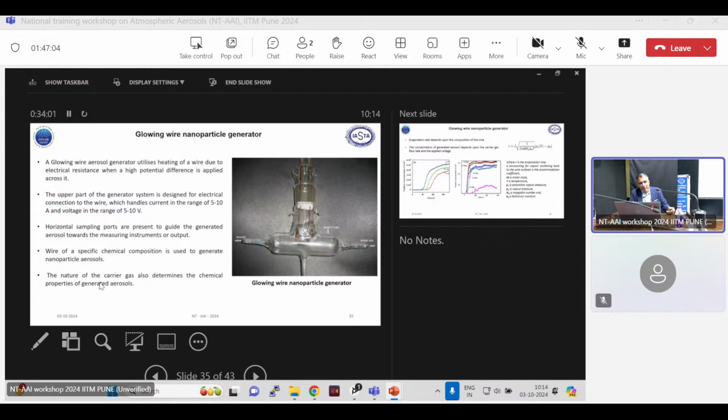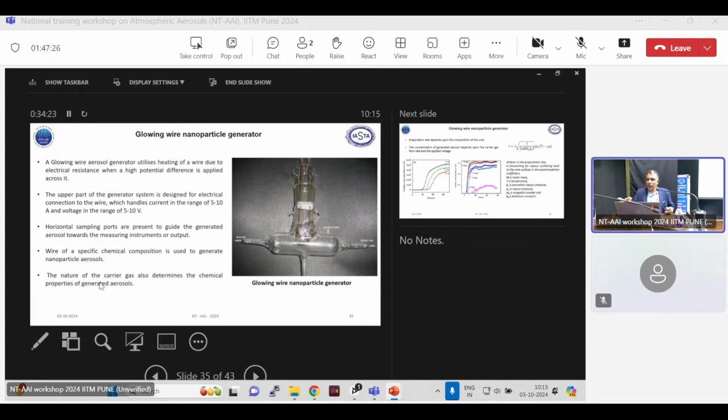Then yes, one more aerosol generator is there. This is the nano aerosol generator, again using vaporization or evaporation and condensation method. Here we can tune the size, and we can get the size as low as maybe 10 nanometer.